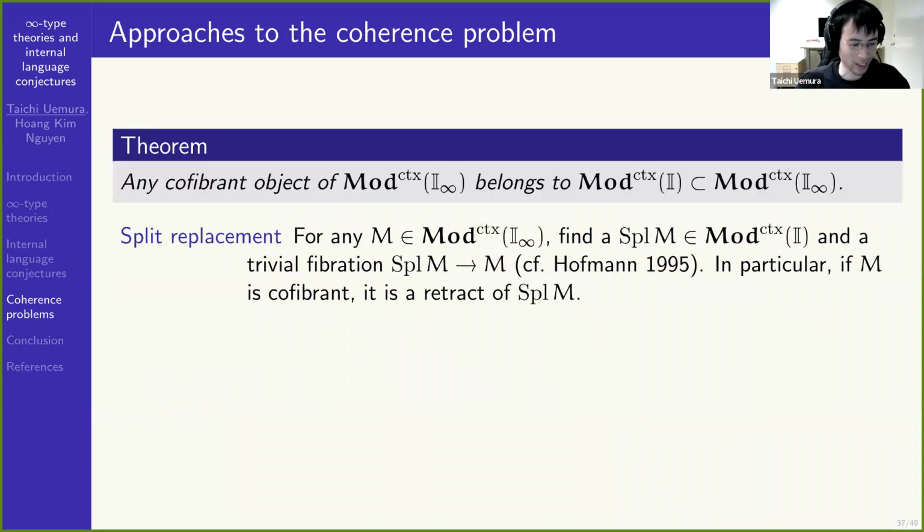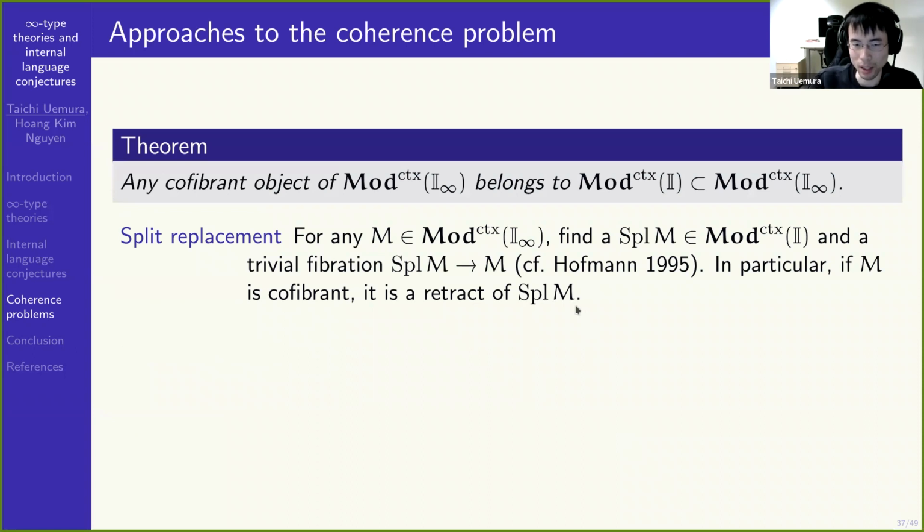So we quickly discuss how to prove the coherence problem. The classical approach for the coherence problem is a split replacement, which is due to Martin Hofmann.